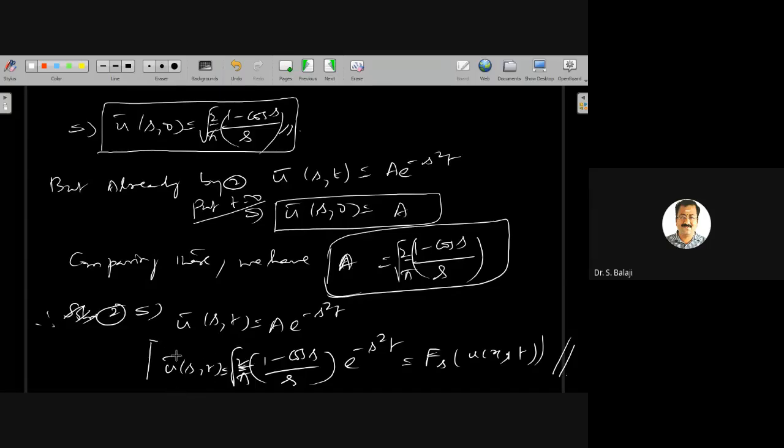U bar s comma t means the Fourier sine transform of u of x comma t.